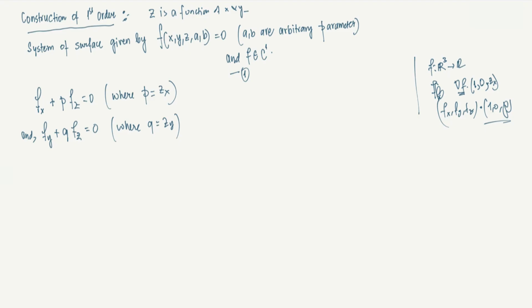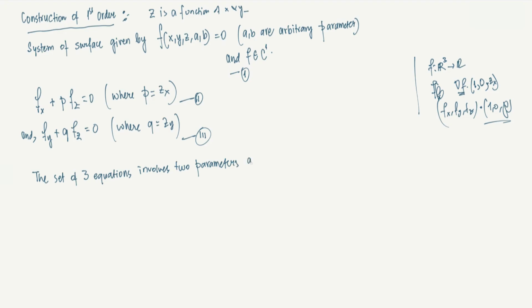Now we have a system of relations. The first relation is of course there, then you have this second relation and this third relation. These three equations involve two parameters, a and b.